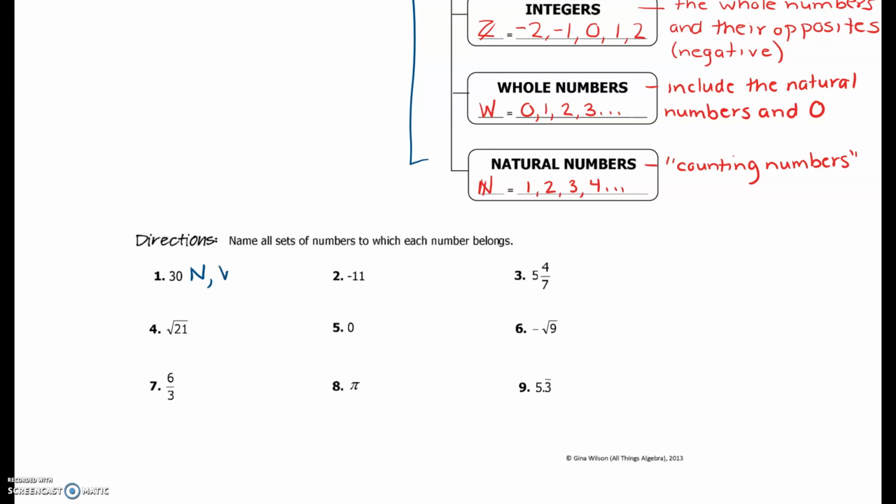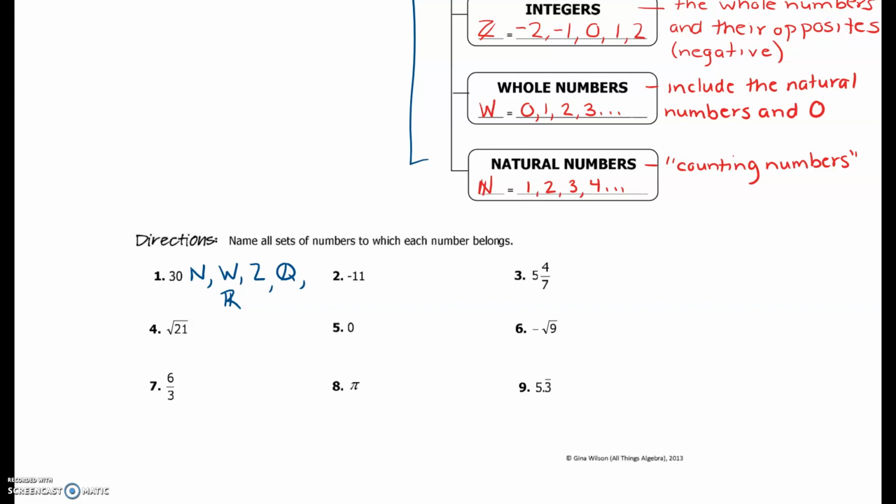So I have to include whole numbers, integers, rational numbers, that's the Q, and real. So if it's a natural number, it actually has 5 classifications, which is a little crazy, but it really belongs to all of those groups.